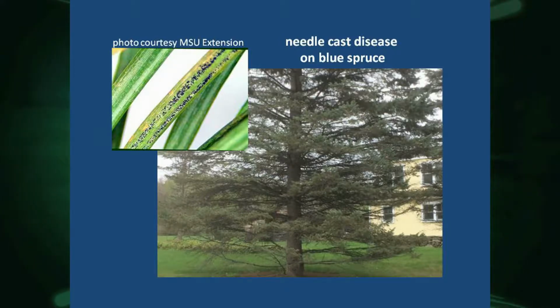Right. If you were to look closely at the needles under a microscope or even under a good hand lens, you would see those black dots, which are actually the fruiting bodies of the fungus. The blue spruce in particular are highly susceptible.